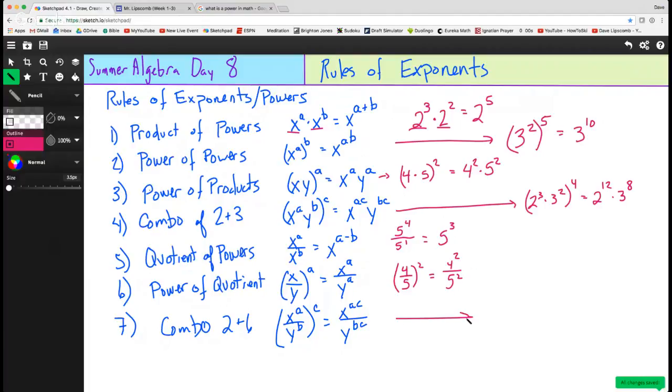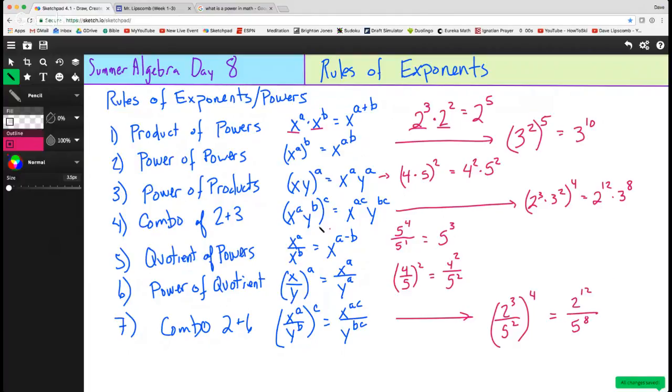And then finally, we have a combination of rule 2 and 6, which says that if we have 2 cubed over 5 squared all to the 4th power, we just multiply our powers together like that.